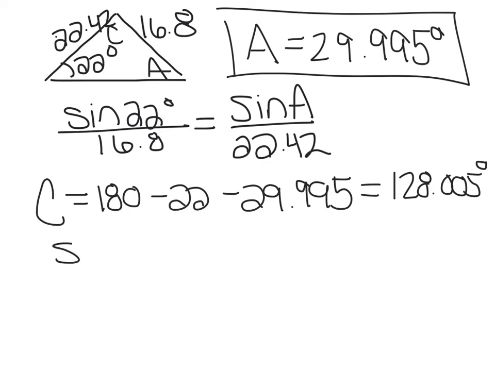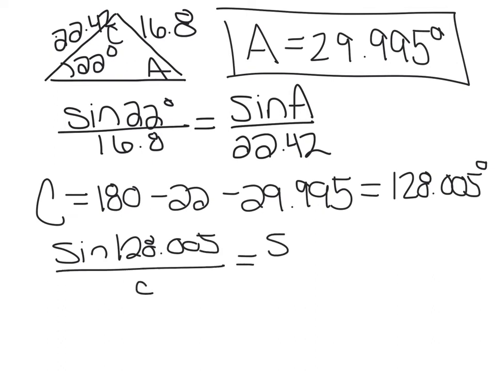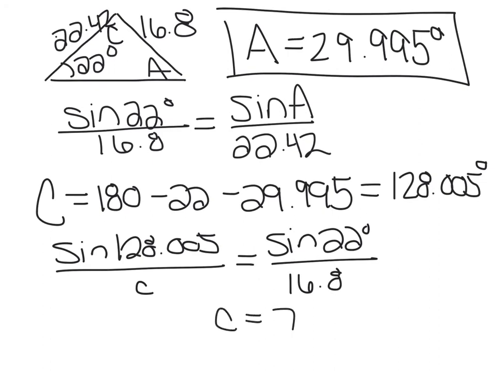And then you just do law of sines again: sine of 128.005 over side C equals sine of 22 degrees over 16.8. You're going to cross multiply and solve, and you should end up getting that little c equals 7.987. So there's your first triangle.